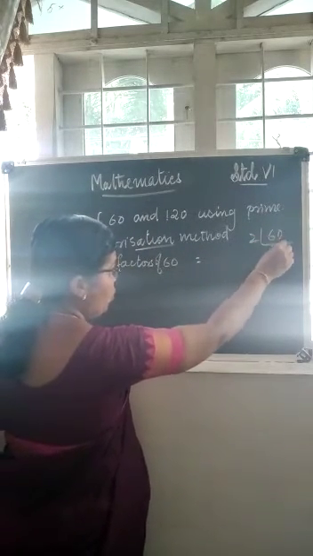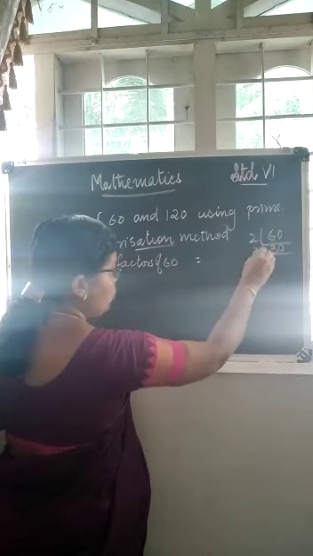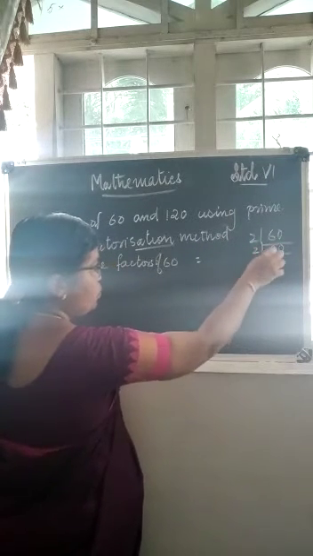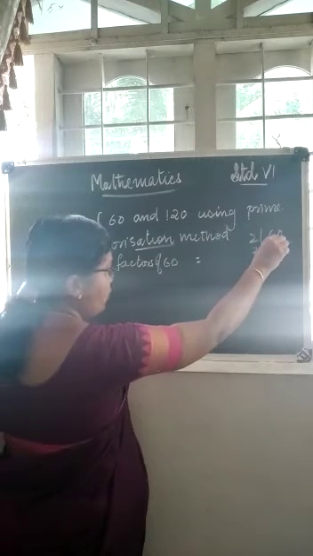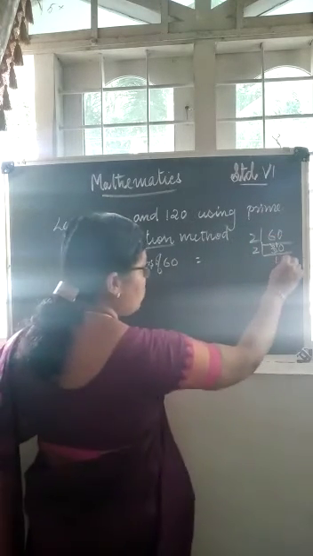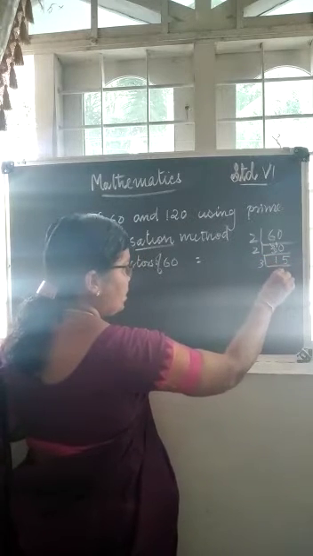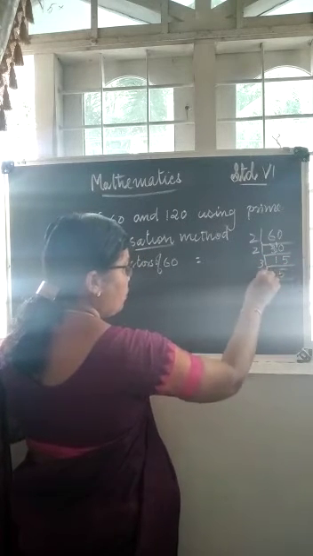Then in 0, 0 times. So 30. Again we can divide it by 2. 1 time. 1 into 2 is 2. Balance 3 minus 2 we get 1. So 10. How many 2's are there? 5 2's. Now 15 can be divided by 3. 3 5's are 15. Now 5 1.